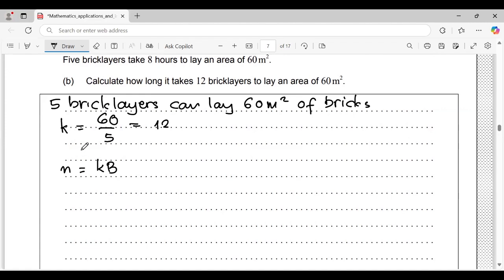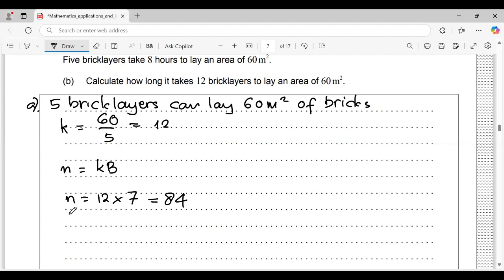Now we can calculate the area that seven bricklayers can lay. So N equals K, which is 12, and B is 7, equals 84. So this is part A, sorry.